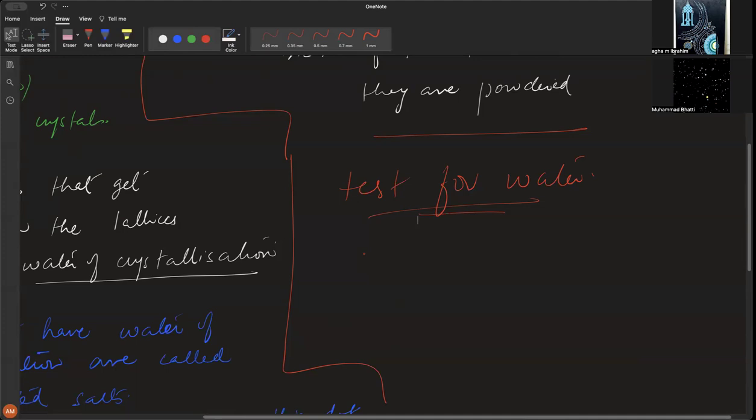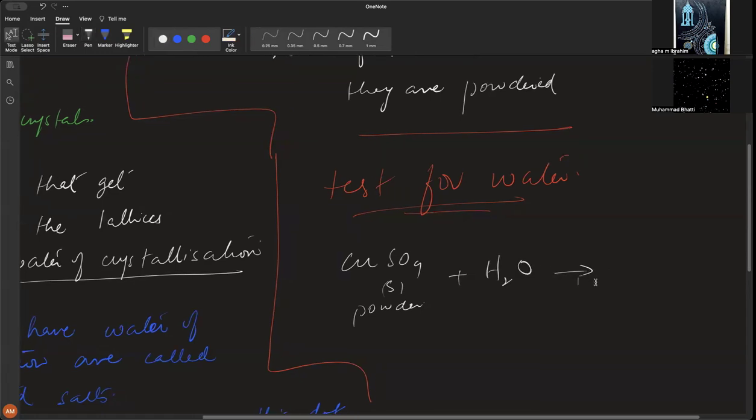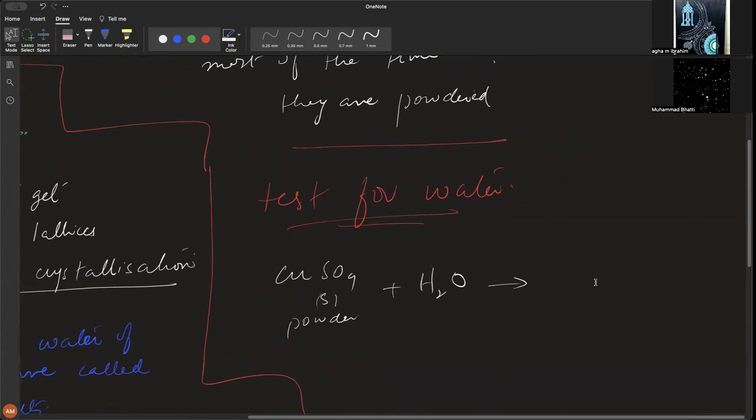One of the tests for water is that copper sulfate is actually a white solid powder. When you add water to it, or if there is water somewhere and you put some copper sulfate, this copper sulfate is going to turn blue.